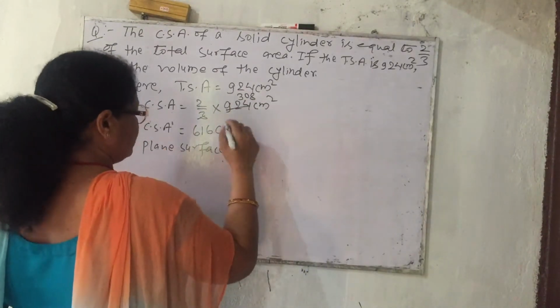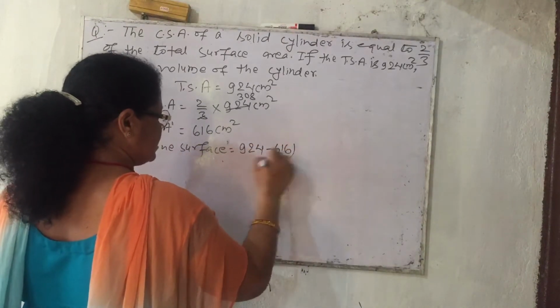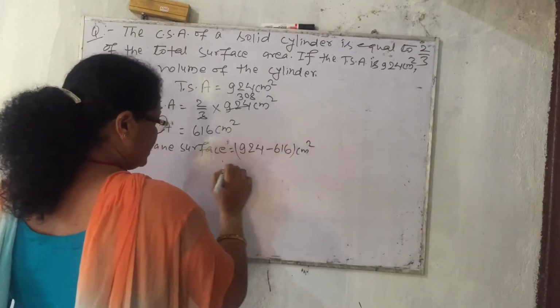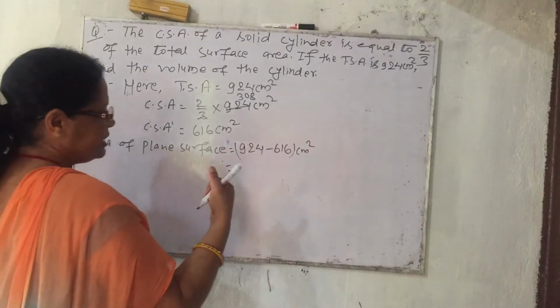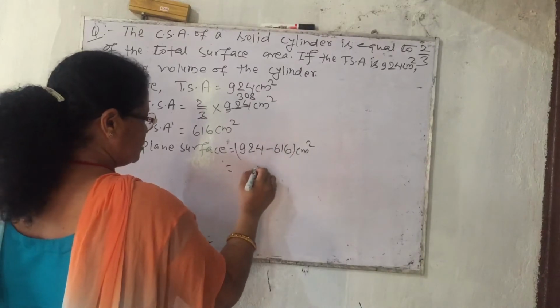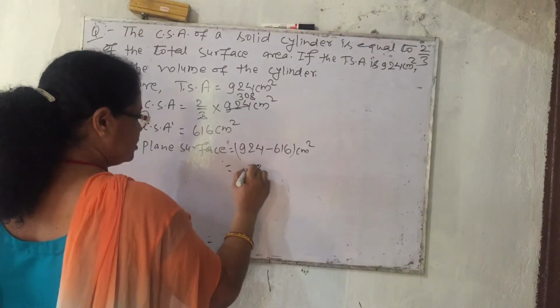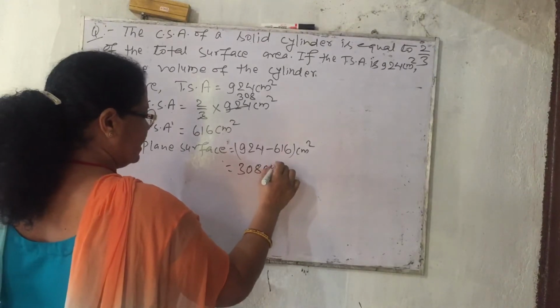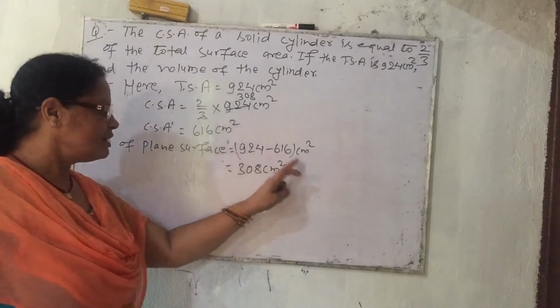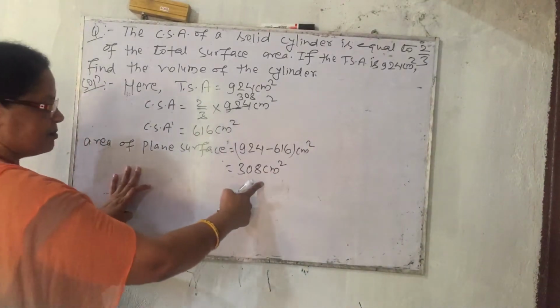Means it will be 924 minus 616 cm square. After subtracting we will get 308 cm square. That is its plane surface area.